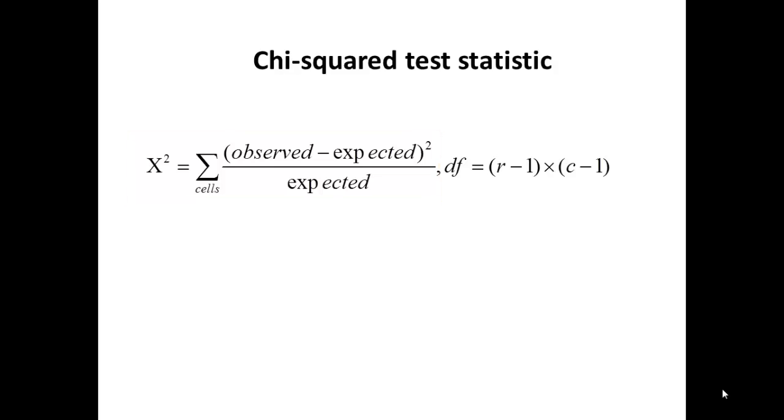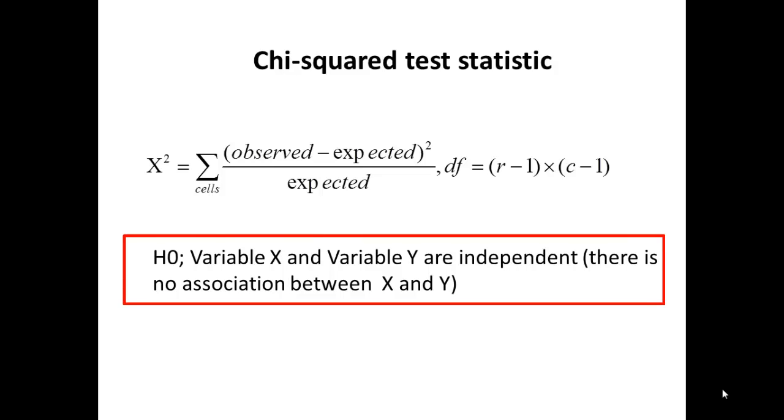This test statistic follows a chi-squared probability distribution if the null hypothesis that the two variables are independent is true. And you can think of a chi-squared distribution in exactly the same way as we've talked about for the other probability distributions, such as the normal, the t, and the binomial distribution. They are all theoretical sampling distributions.